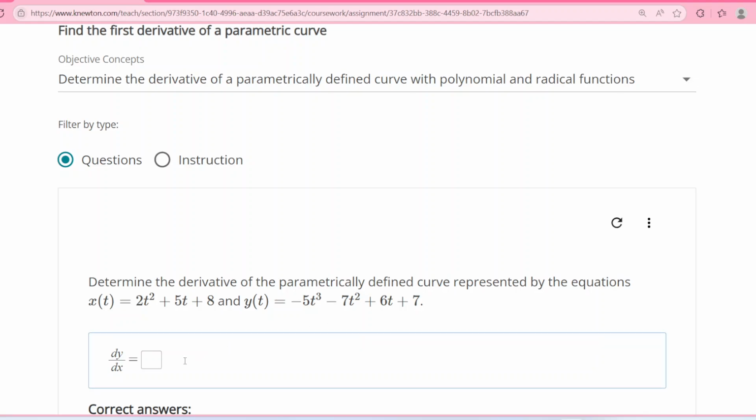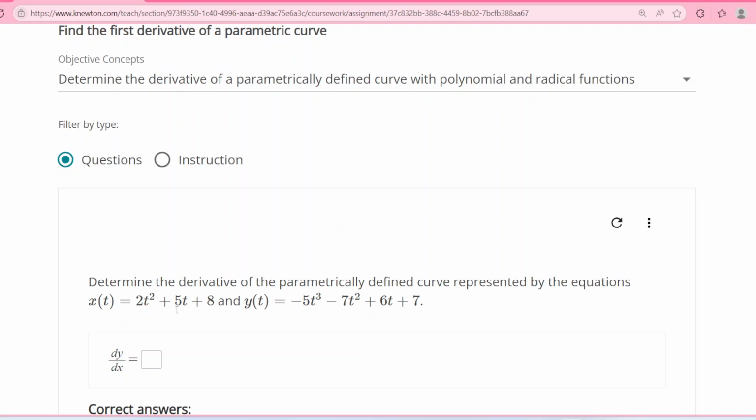Now, one way to do this, which would be quite difficult here, is you can try to eliminate the parameter. That's where you rewrite the equation for the curve in rectangular form, with just x and y involved and not the parameter t.